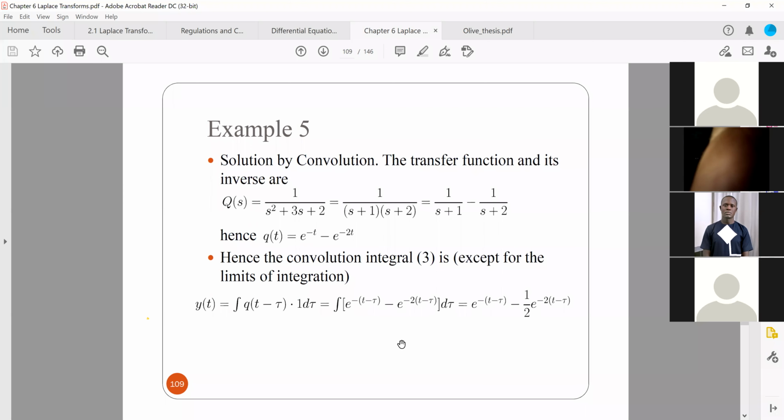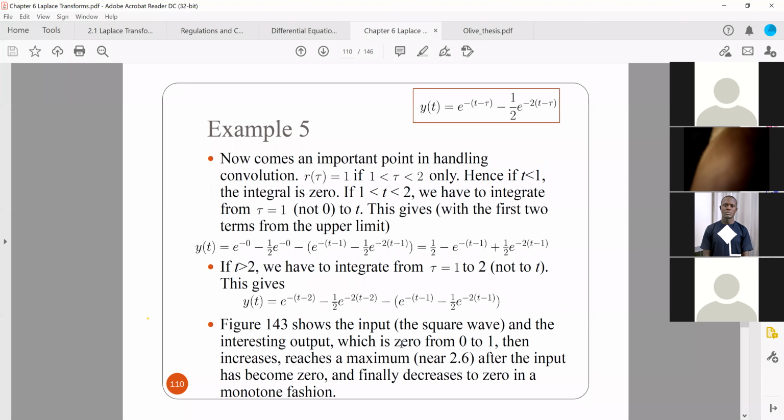So we have minus (t minus tau) and 2(t minus tau). So when tau is 1 and t is 1, we'll end up with 1 minus 1. So we'll end up with e to the minus 0, and here minus a half e to the minus 0.